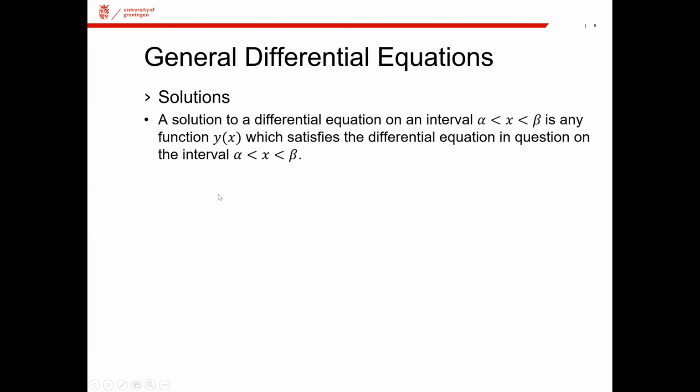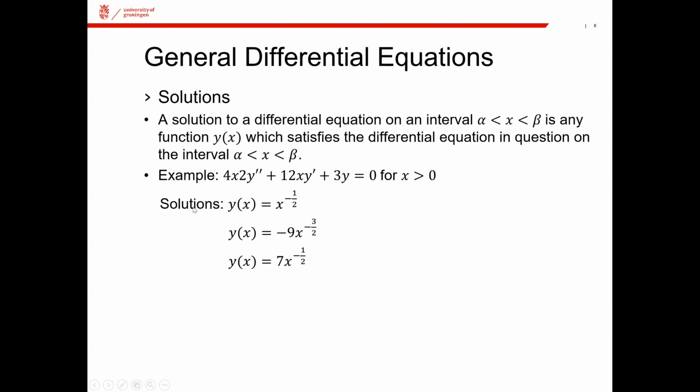And for the solution, a solution to a differential equation on an interval alpha to beta is any function which satisfies the differential equation in question on the interval alpha to beta. For example, here, 4x squared y prime prime plus 12x y prime plus 3y equals 0 for the interval x larger than 0.